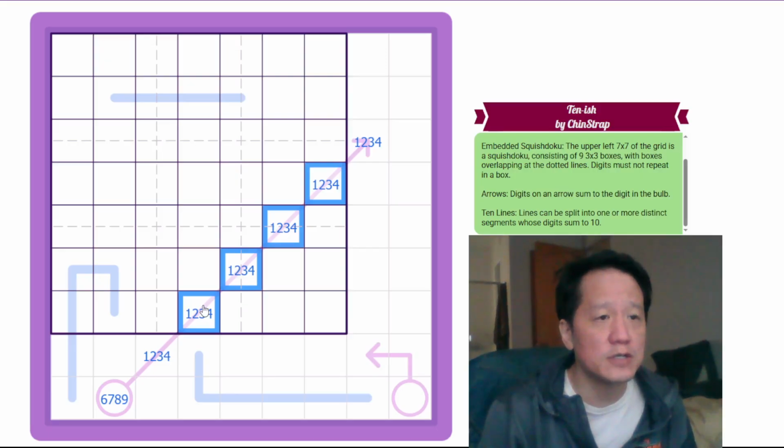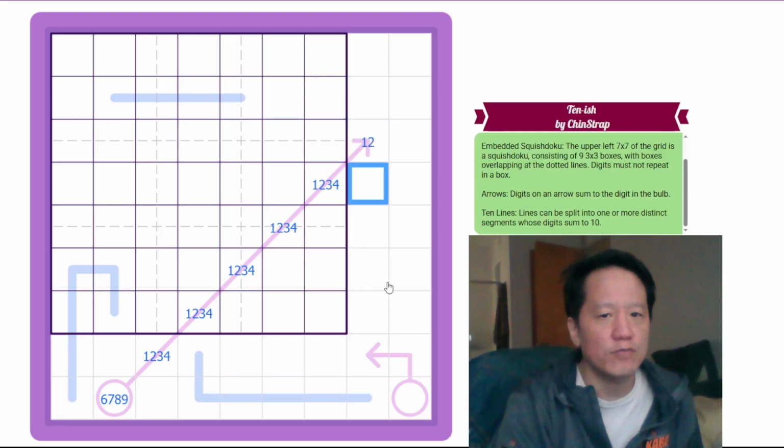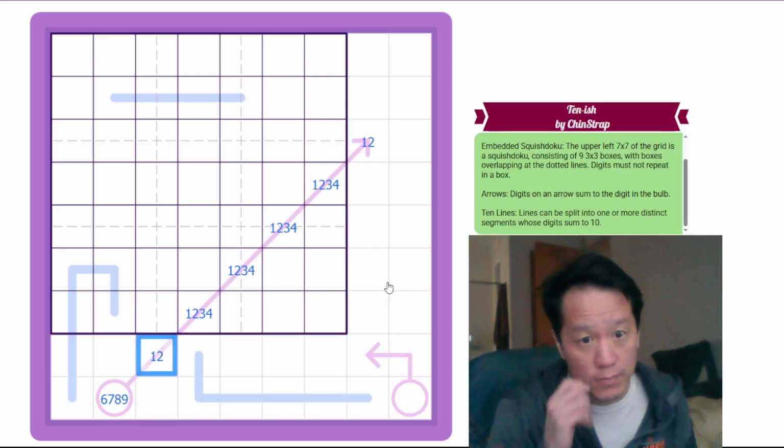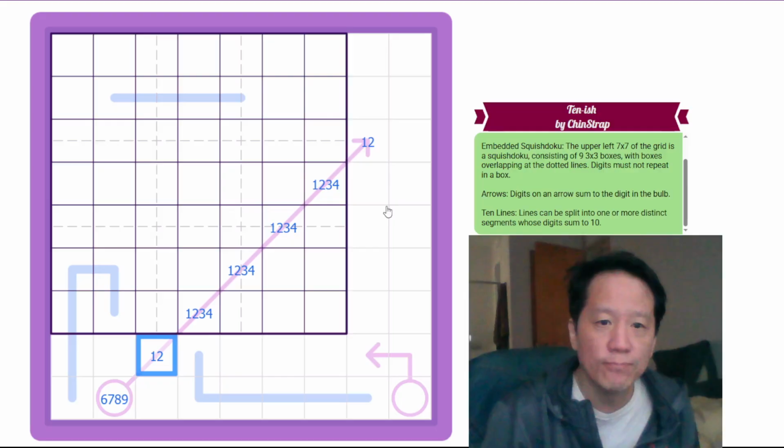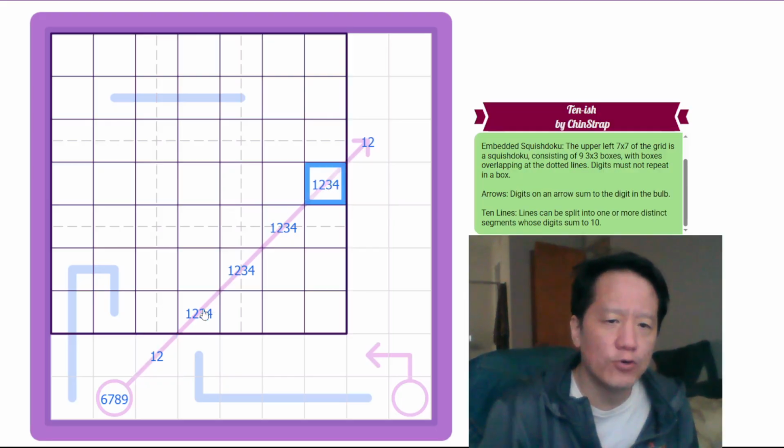To add up to 9, you can only have 1 and 2 at the ends. So this can never be 3 or 4. It's 1 or 2. Okay. What about 4? Say we had 4 here. Is that possible? 4, 1, 2, 1.